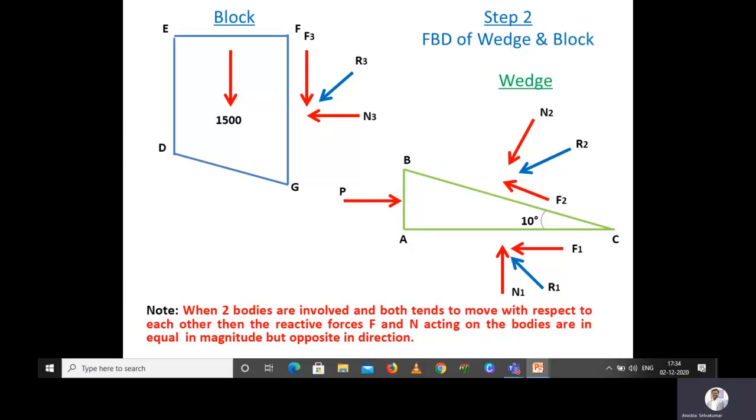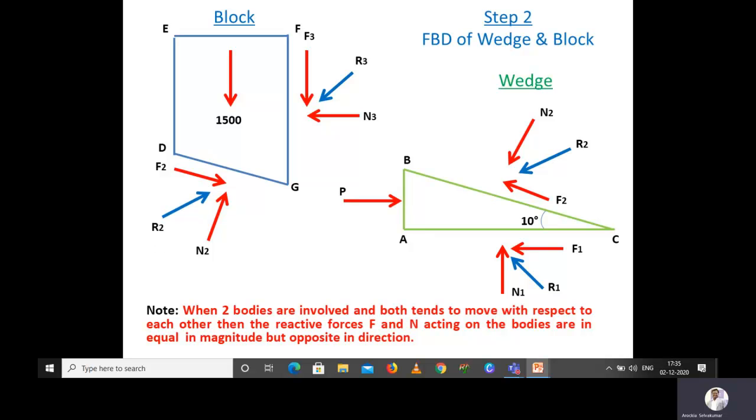So when we are considering the surface at D and G, F2 will be acting with respect to the surface DG, and then the normal reaction N2 will act perpendicular to the surface DG, that is in the upward direction. Now these two forces F2 and N2 can be replaced with a single resultant force, that is R2.